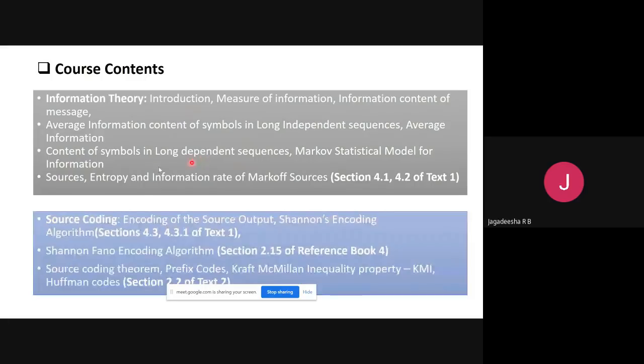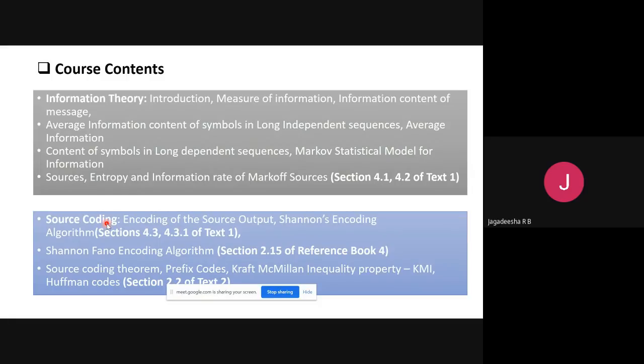Then in the second module, we will see the second component of this course, which is called source coding. When I say the word coding, that is like representing any information in a coded or encrypted format. How can we do that? At the source side, how can the information be coded so that we can achieve some benefits out of it?